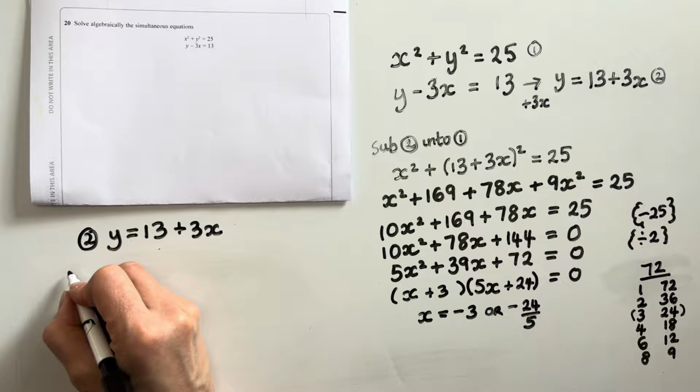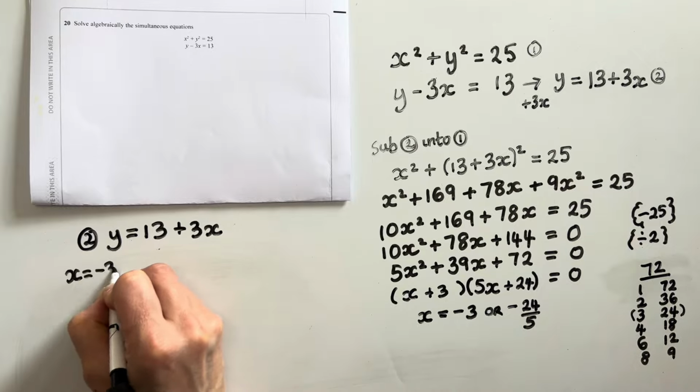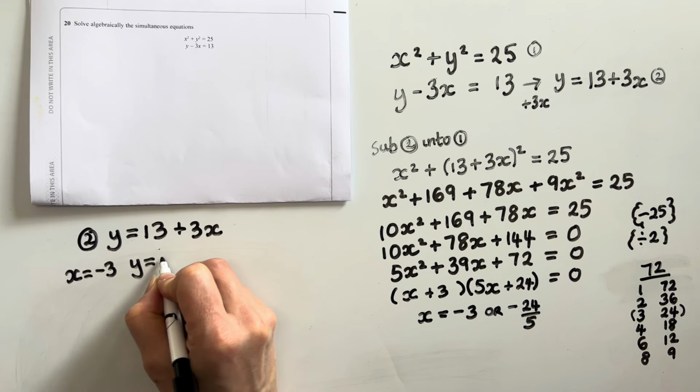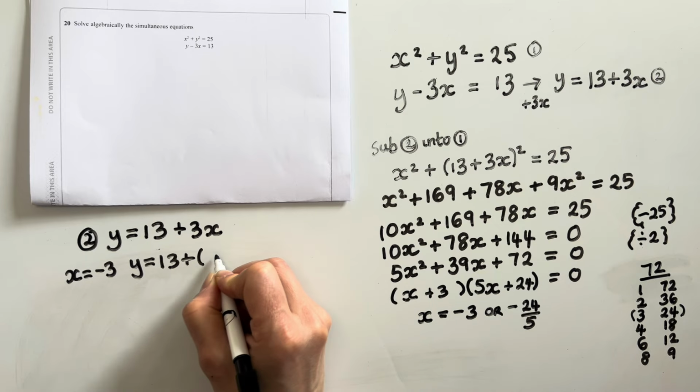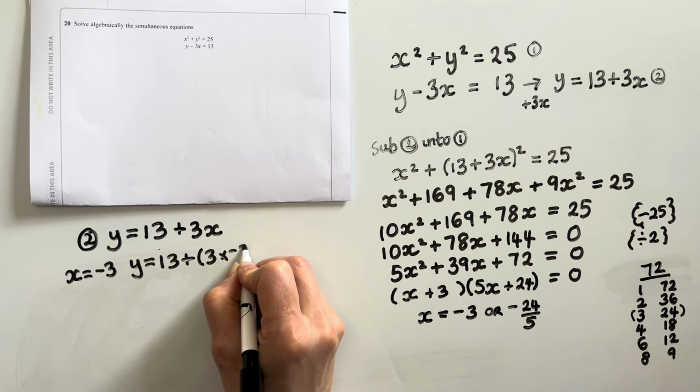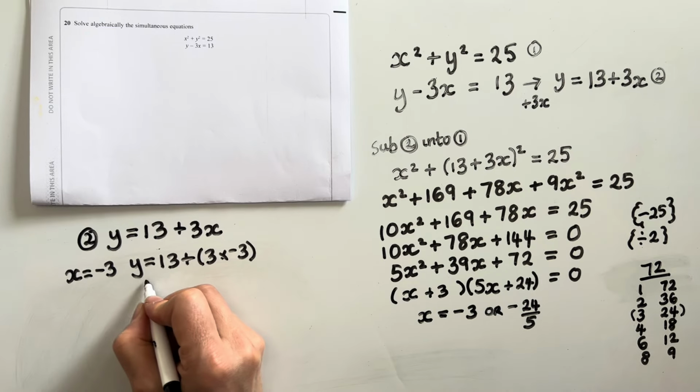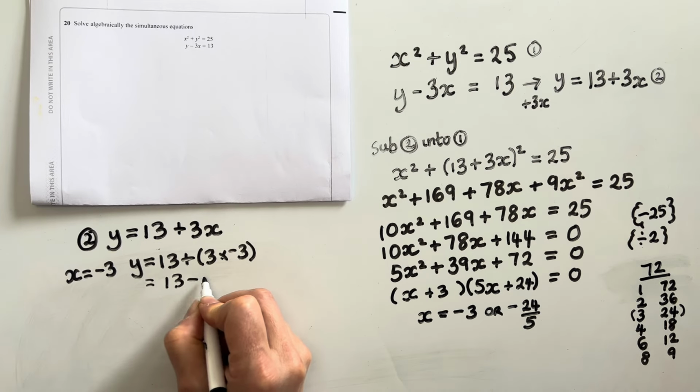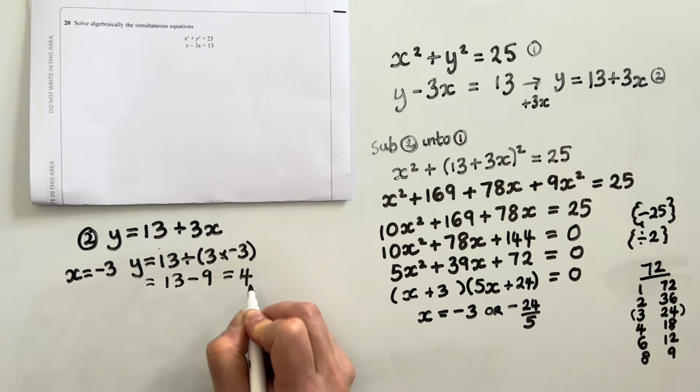So first of all, if we look at x is equal to -3, we'll find y is equal to 13 plus 3 times -3, which will equal 13 take away 9, which gives us 4.